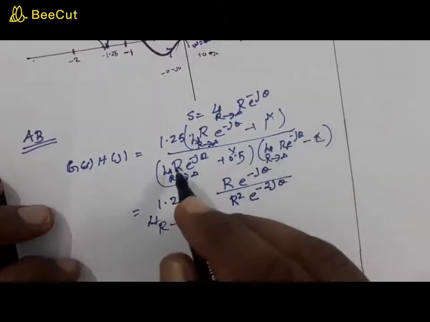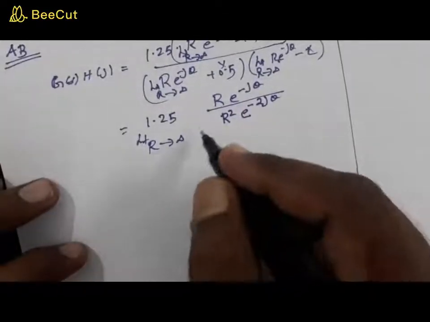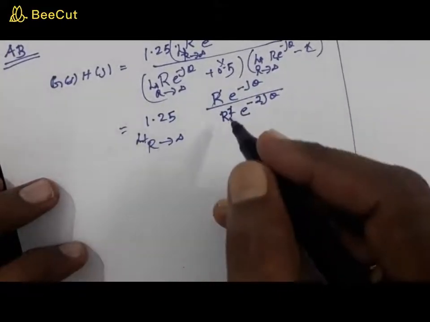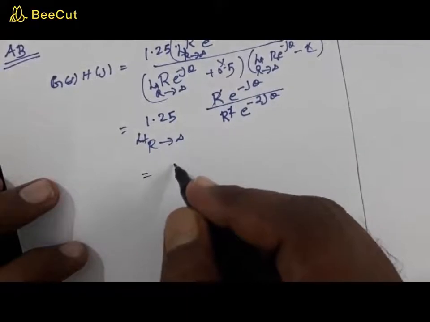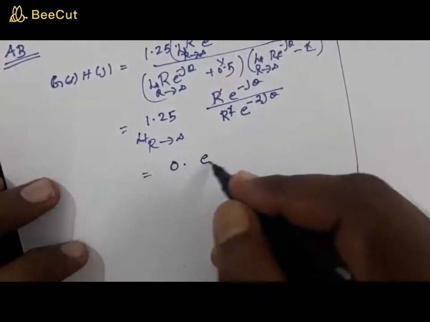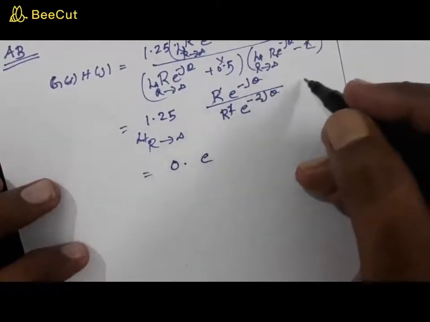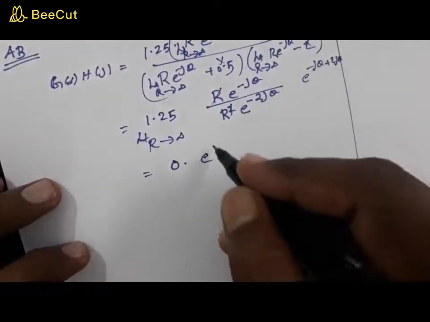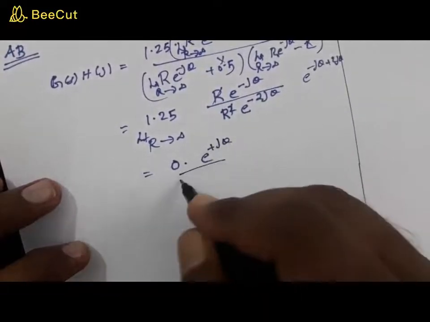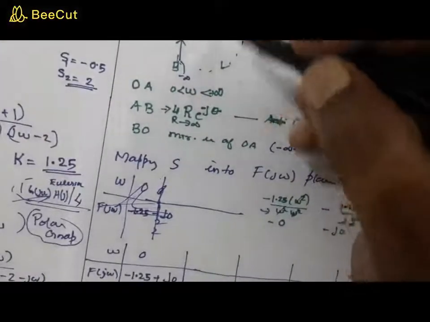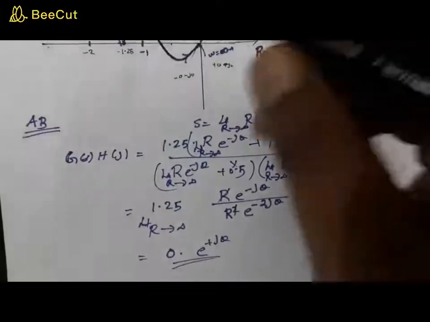So you can have the cancellation. After that, if you apply infinity, you will be getting 1.25 divided by infinity, that is 0, into e raised to minus j theta plus 2j theta, or this becomes e raised to plus j theta. So this big circle reduces to a point at the origin. Okay, so this has to be the continuation, right?